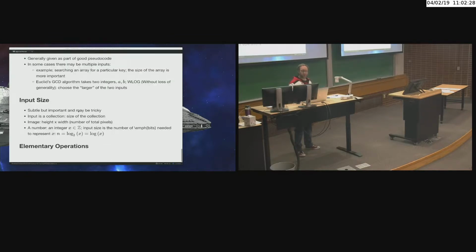So at the end of the day, when you represent a number, say an integer x, it's the number of bits needed to represent x, in other words, log base 2 of x. And that's so common in computer science, because we think in binary all the time, that we simply write it as log of x.